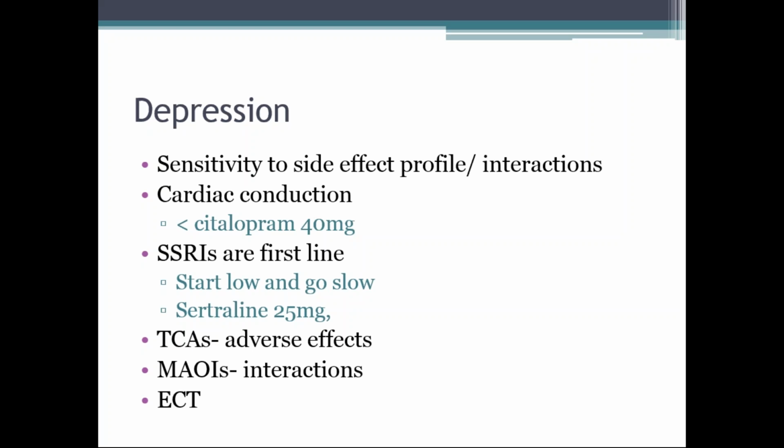Now, Lewy body dementia, these drugs, the cholinesterase inhibitors, may be helpful for that disease process as well. But vascular dementia is just tough because there's not a medication to make a significant benefit for that. That's more lifestyle.